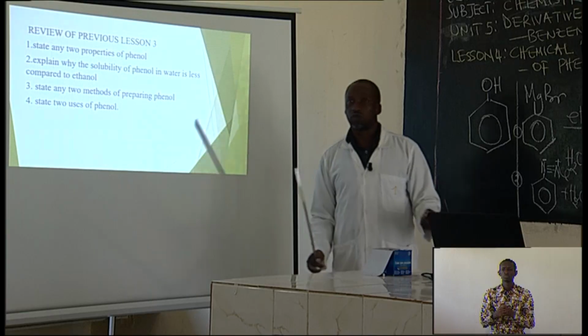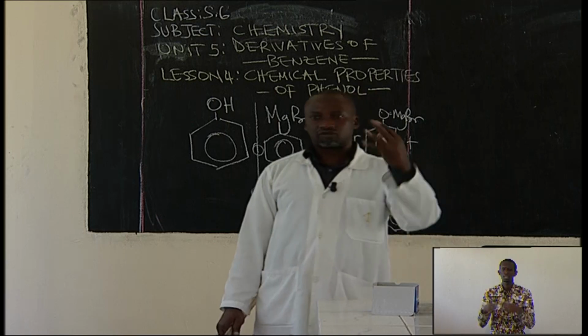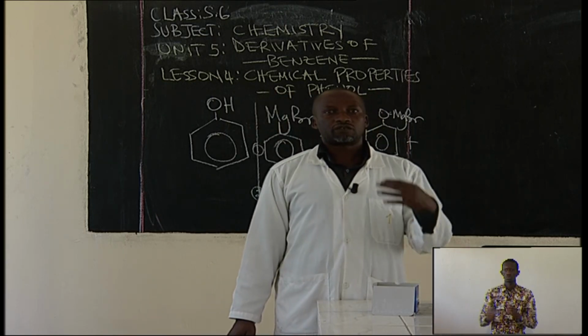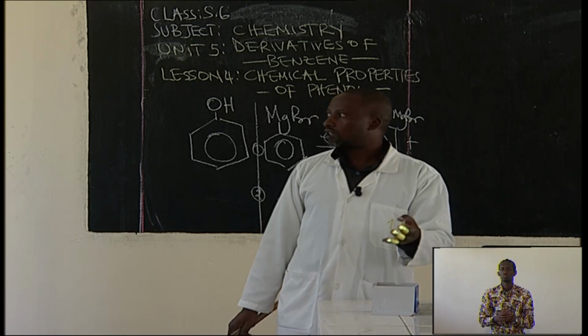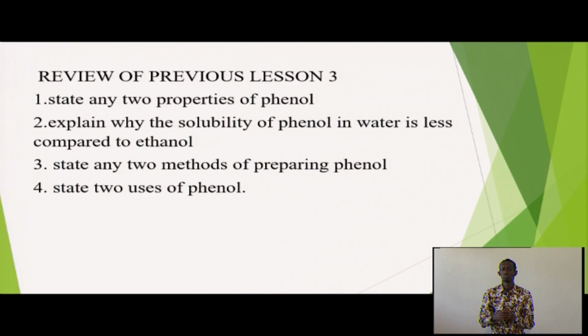State two uses of phenol. You remember we said phenol is used mainly as disinfectant or antiseptics. Antiseptics, we said, arrest the development and growth of bacteria. Disinfectants and antiseptics destroy or reduce the growth and development of the bacteria.